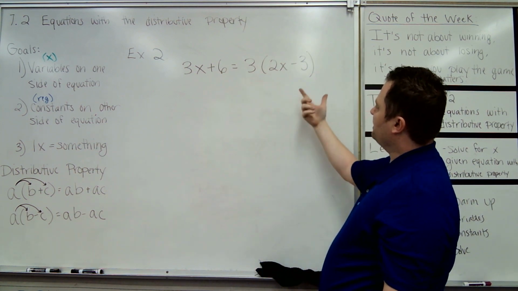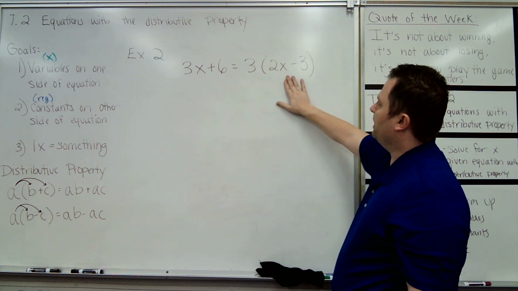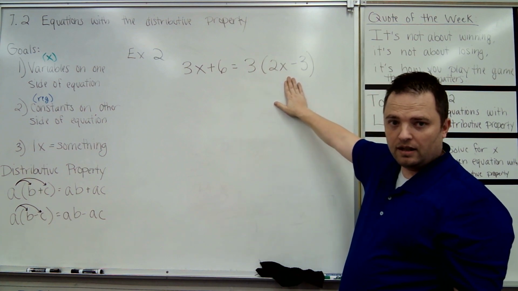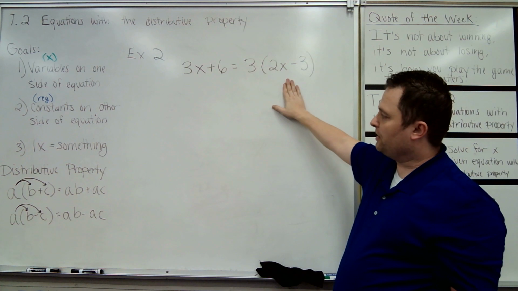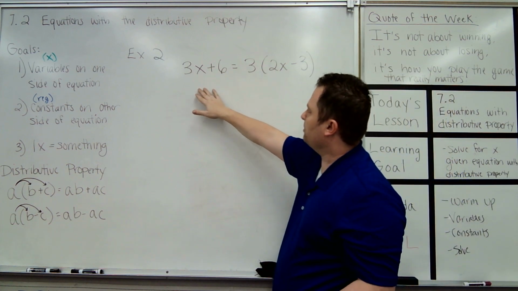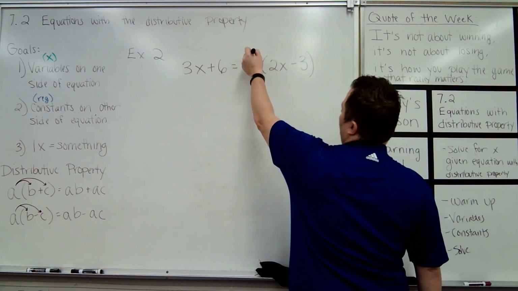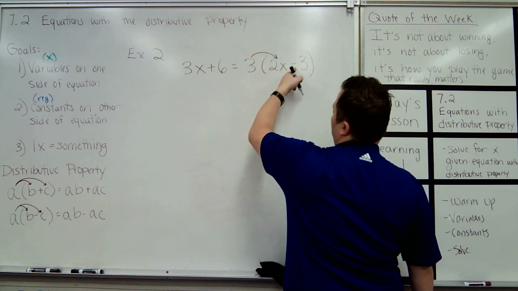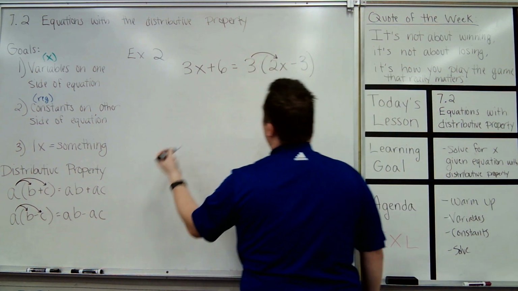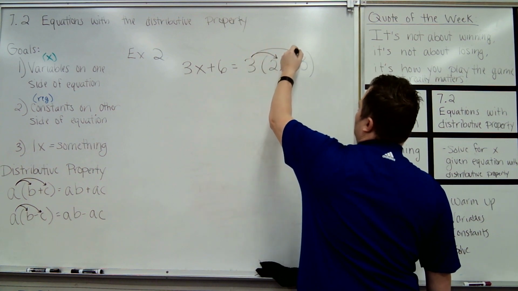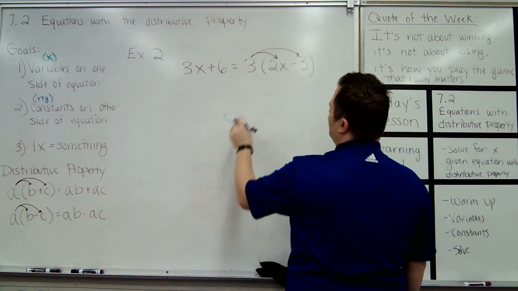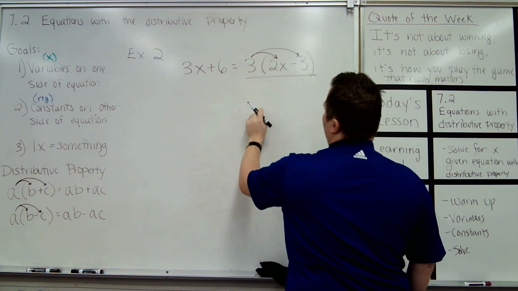But once again, I have a situation where I have a number being multiplied by something that's being added or subtracted. I need to use the distributive property because I can't start subtracting anything from both sides until I do. So I'm going to do 3 times 2x, and it's a minus, so I'm dealing with the minus again, 3 times 3. So I'm going to worry about just this side for a second and rewrite it.